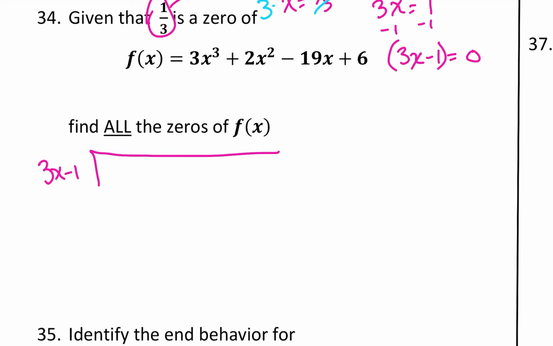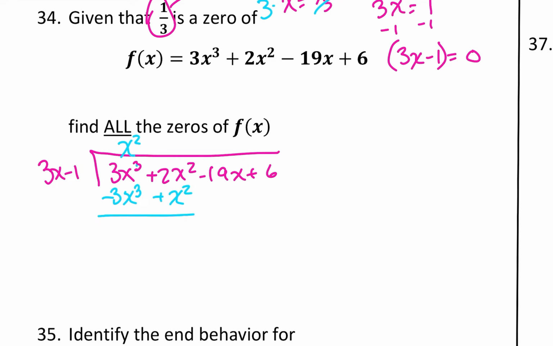So I've got 3x minus 1 being divided into 3x cubed plus 2x squared minus 19x plus 6. Let's work through that. So 3x, to get to 3x cubed, we need an x squared. X squared times that is 3x cubed. I'm going to change my sign as I go. So minus 3x cubed. X squared times negative 1 is negative x squared. So plus x squared.